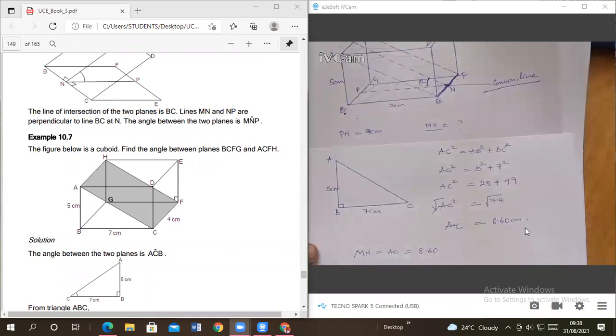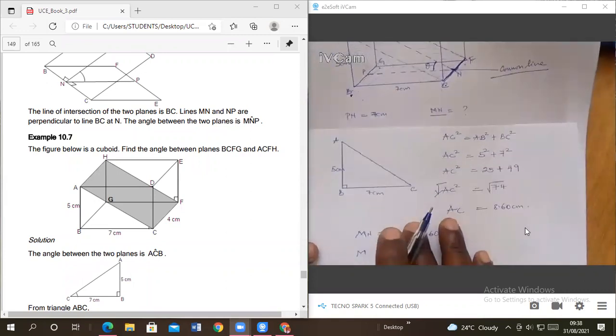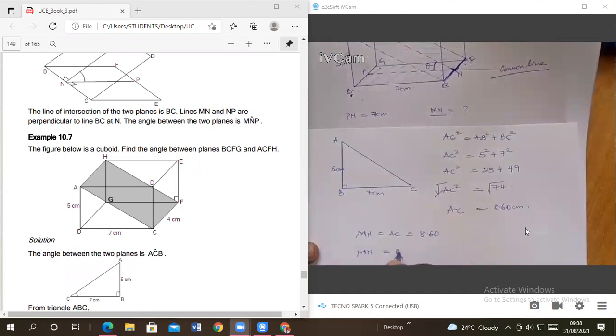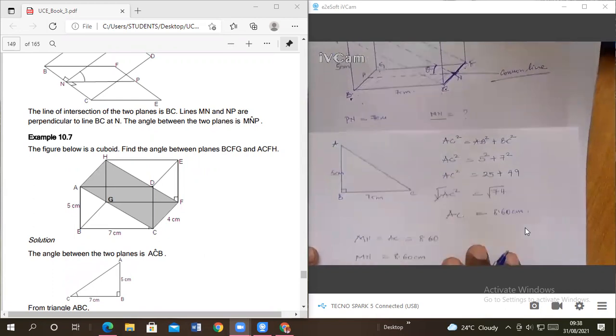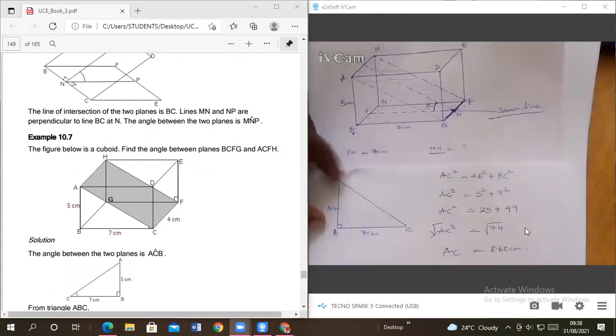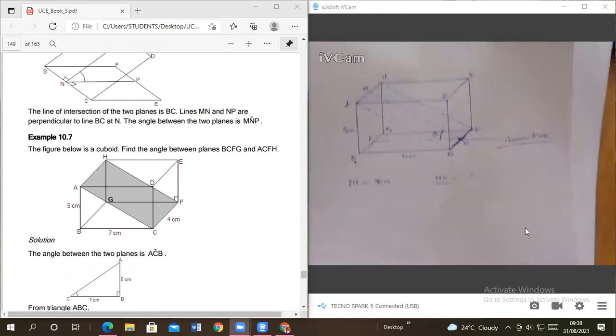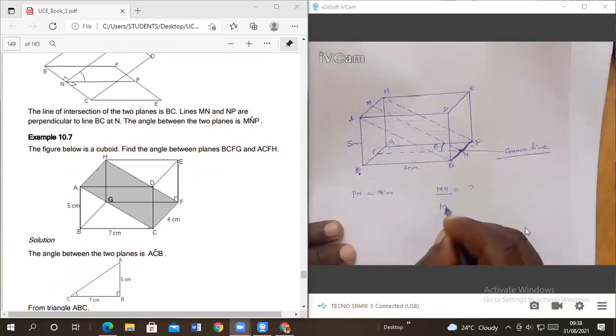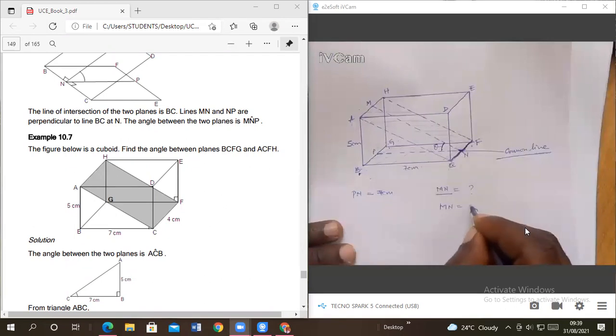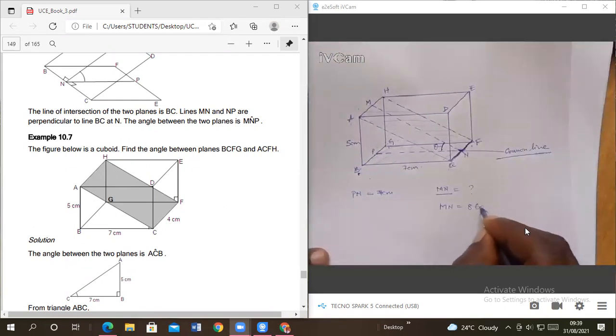So that means our MN equals 8.60 centimeters. Okay, so we have obtained MN. MN equals 8.60 centimeters. That's what we have got.